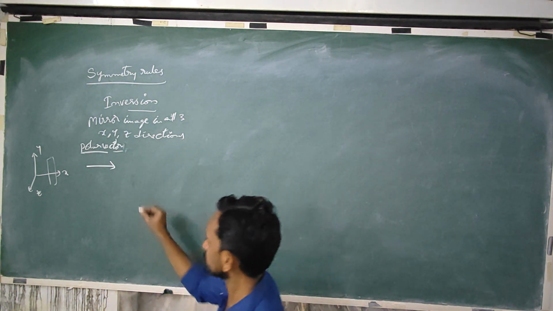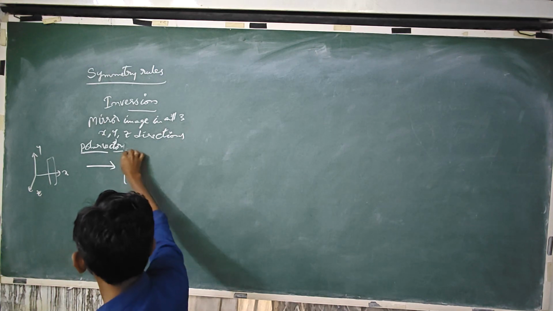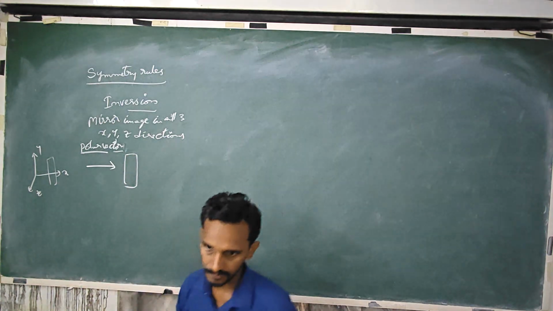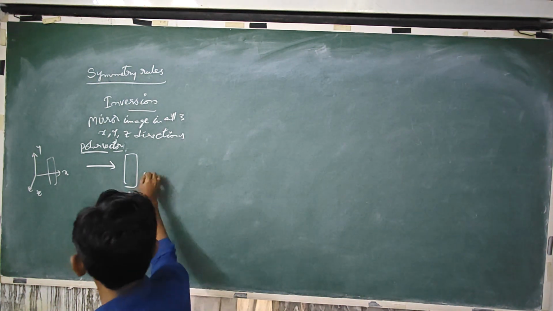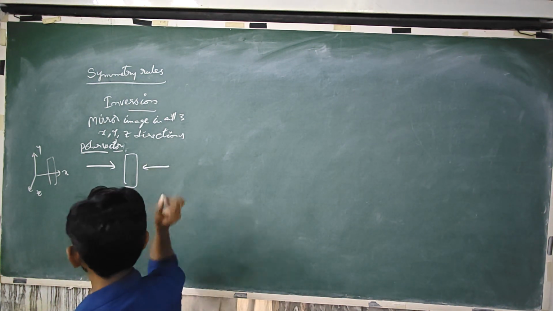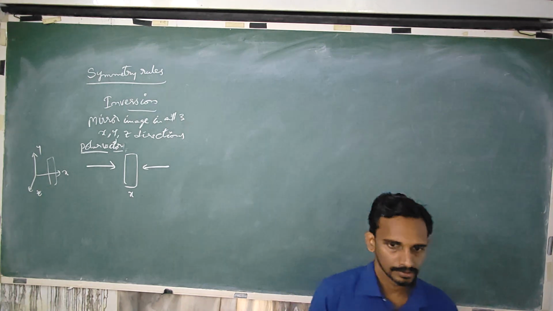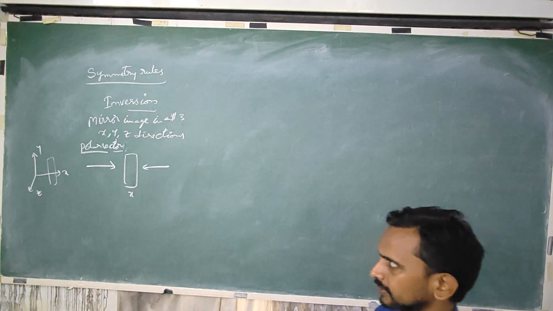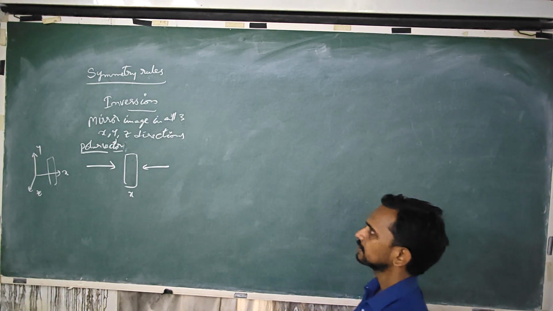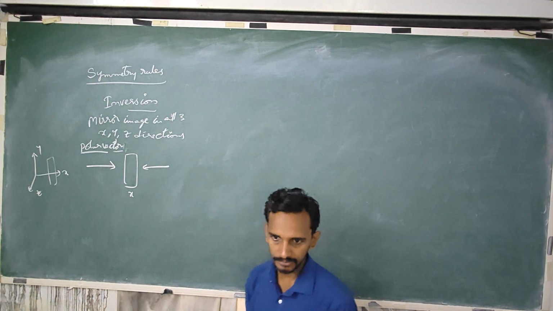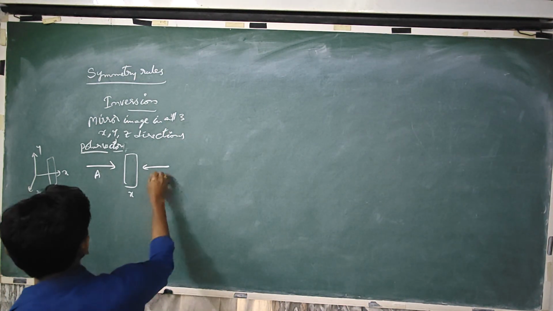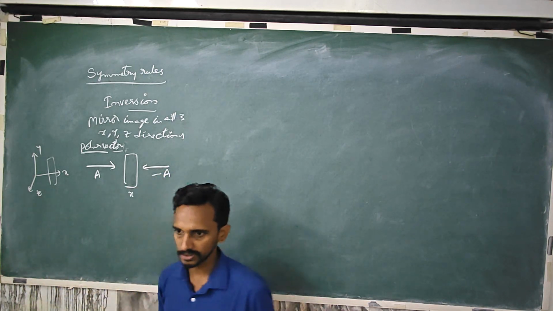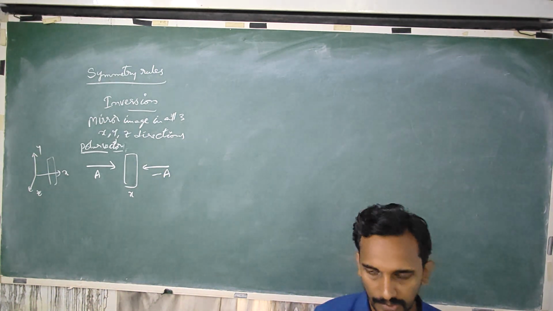So if I am keeping the mirror along the x-axis, it should be perpendicular to that x-axis. Now, the mirror image looks like this. If you keep the mirror head-on to the vector, it will be flipped. Let's say this is a, this will be minus a because its direction changes.